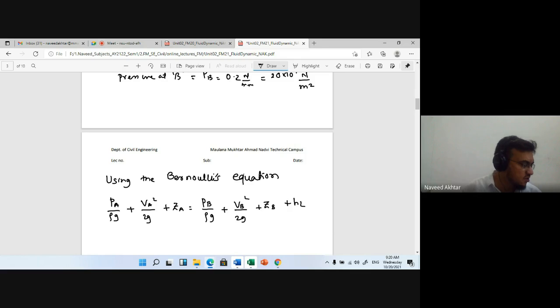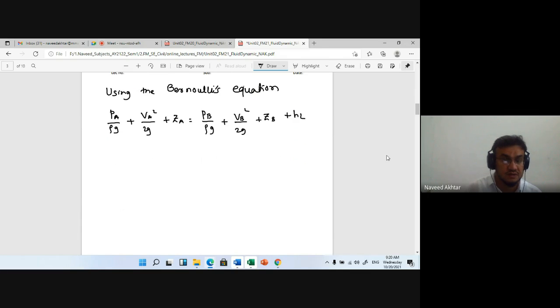Okay, and write down small or capital letters as appropriate. If the pipe is horizontal, or the flow is at the same level, it means that ZA is equal to ZB.